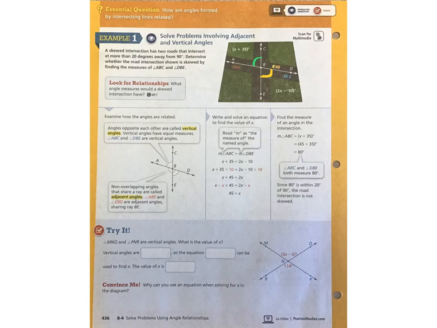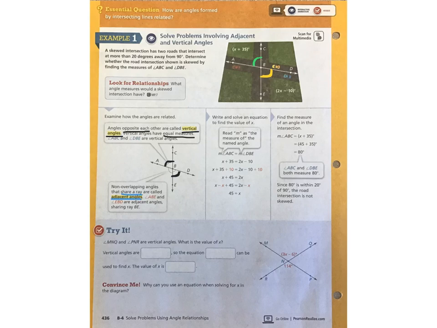So we're going to look at vocabulary first. Examine how the angles are related. Angles that are opposite each other are called vertical angles. So vertical angles have equal measures. So angle ABC, right here, is equal to angle DBE, right here. They are across from each other. Non-overlapping angles that share a ray are called adjacent angles.